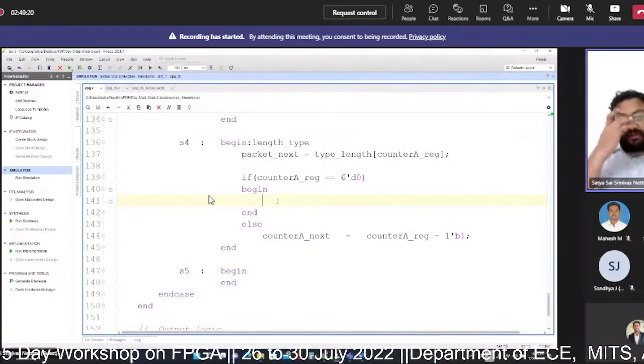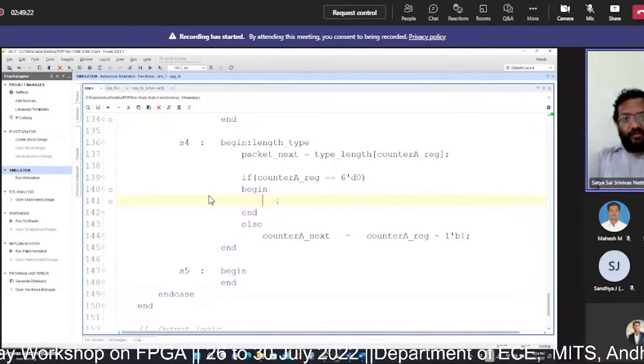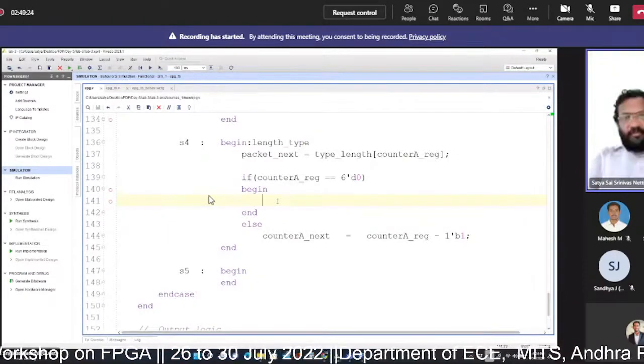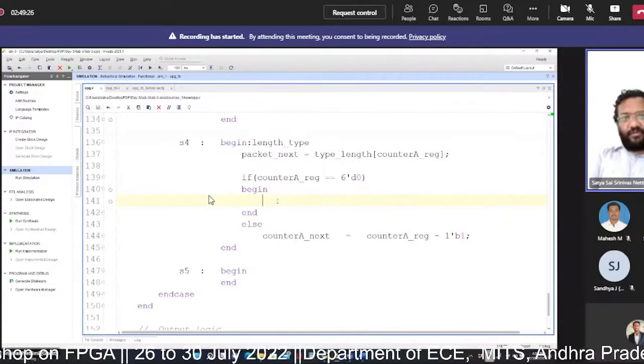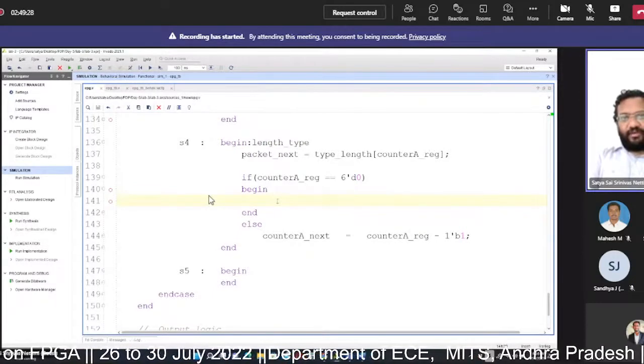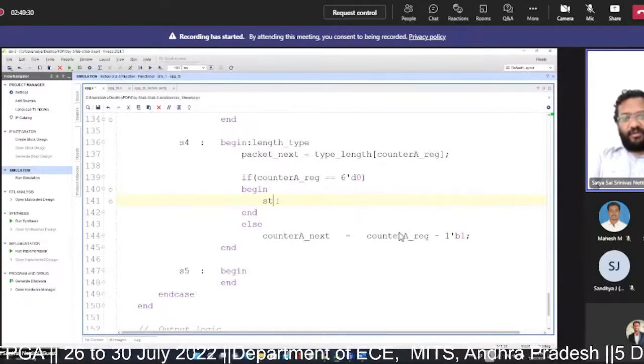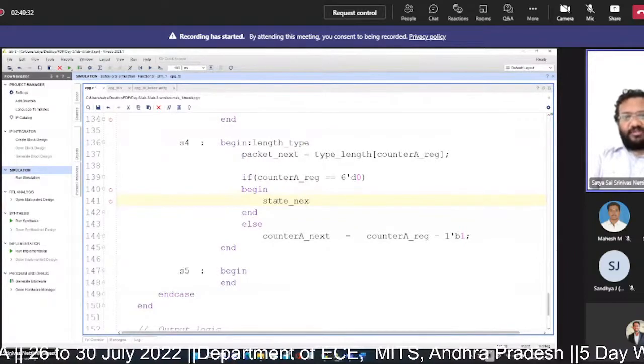After reading the type data and sending it out on the frame serial output, I have to jump to the next state. So state next.